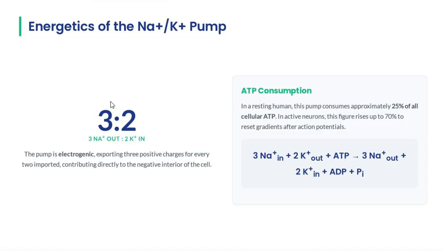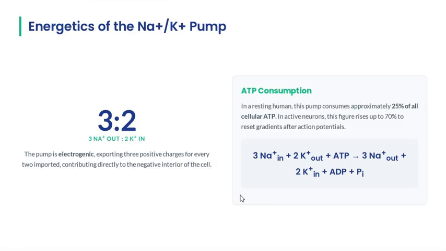Next, we have energetics of the Na+/K+ pump. So the pump is electrogenic, which means it exports three positive charges for every two imported, contributing directly to the negative interior of a cell. So we have the three Na+ that go out, but it takes in two potassium ions.